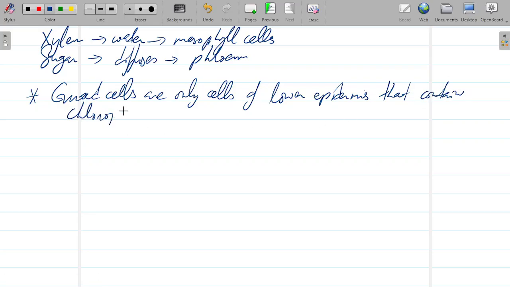Now, chloroplasts are not only found in leaves. If you have a green plant, if the stem is green, then that green color is coming from chloroplast. That means that the cells of the stem of the plant also contain chloroplast.